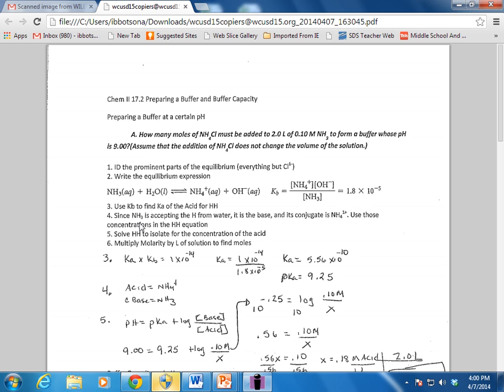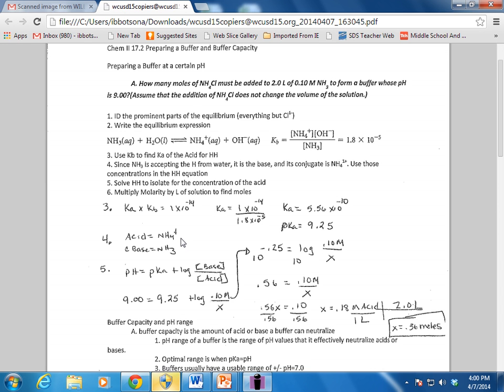So step 4: since NH3 is accepting the hydrogen from the water, that makes it a Bronsted-Lowry base, and its conjugate is NH4 1+. We're going to use those concentrations in the Henderson-Hasselbalch equation. Down here on step 4, I show NH4 plus as the acid and NH3 as the base.